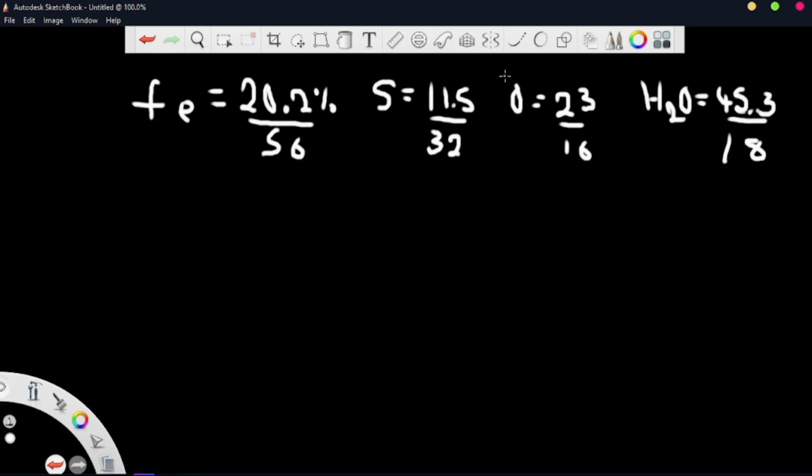And then what do we get when we divide? If you are very good in chemistry, you know that the answers we get are a number of moles, but we're not looking for a number of moles particularly. We're looking for the empirical formula.